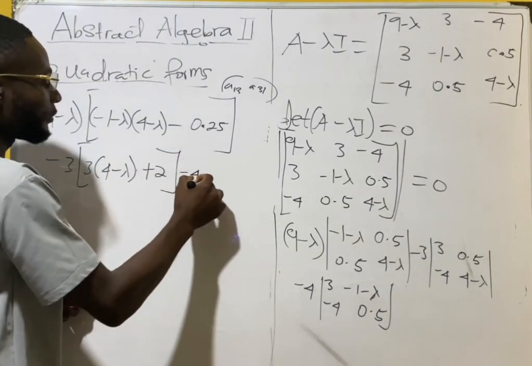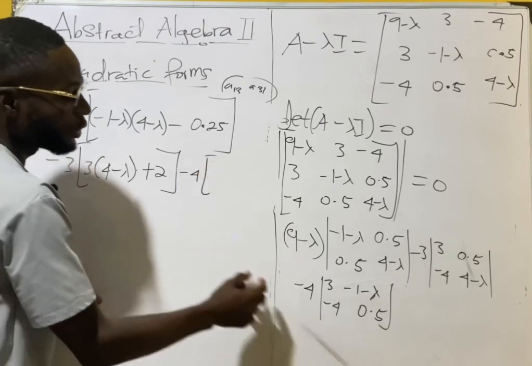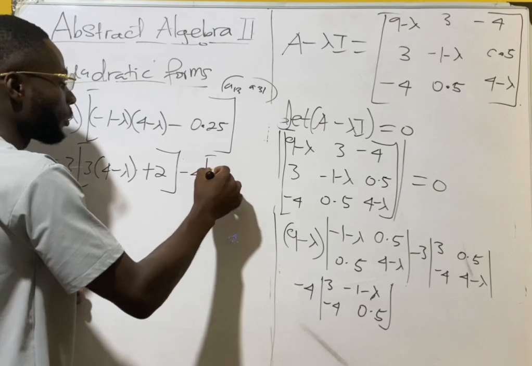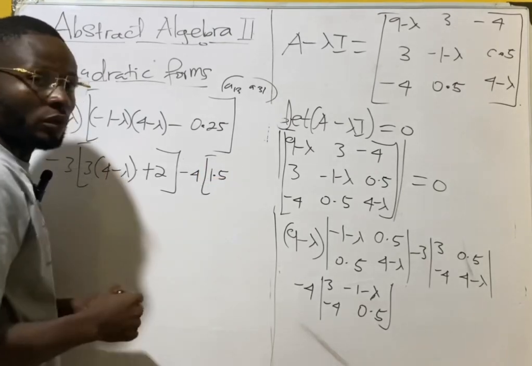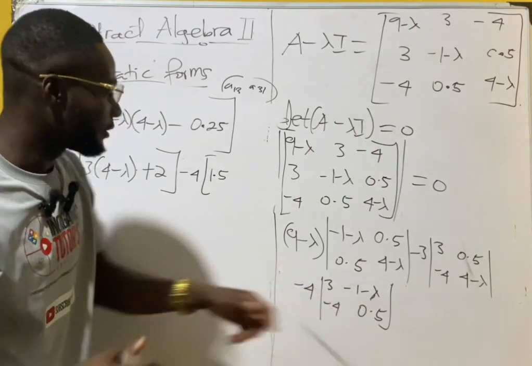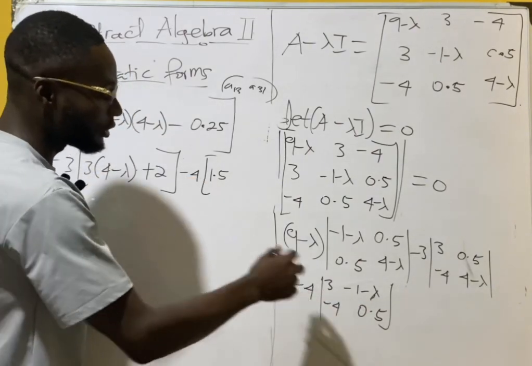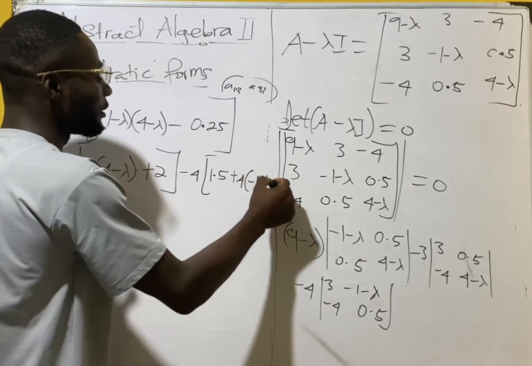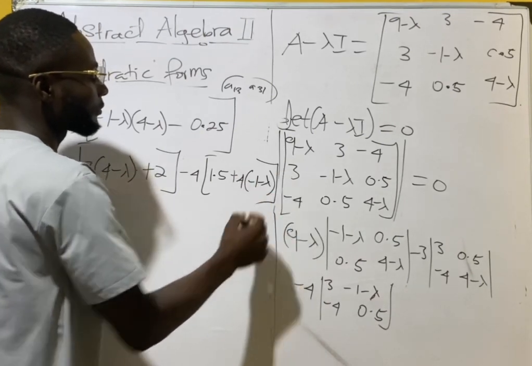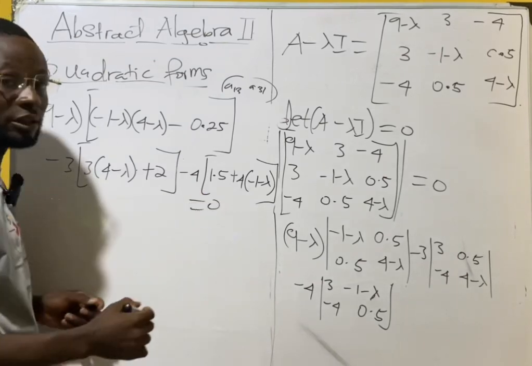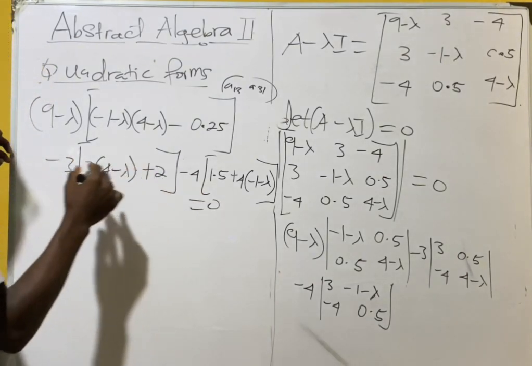Then minus 4 into 3 times 0.5 is what? 1.5. Then negative 4 times this. So that will be what? Positive, plus 4 into negative 1, negative lambda, right? So this all should be equal to what? 0.